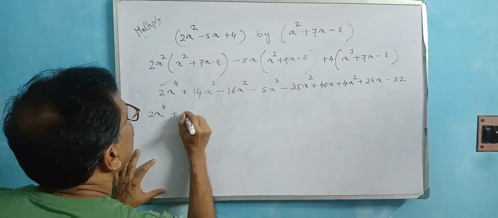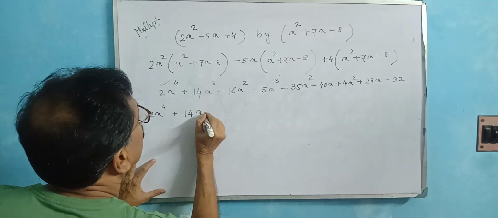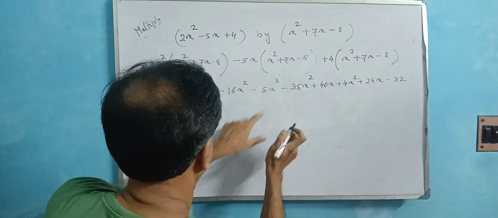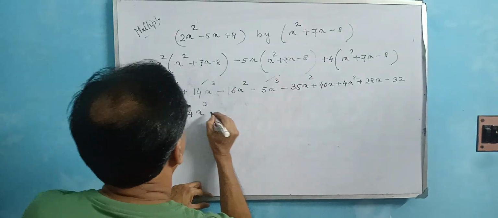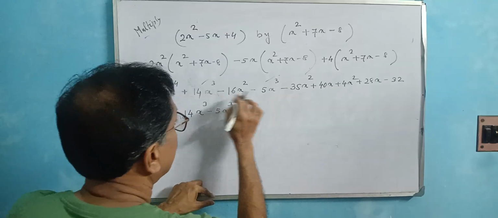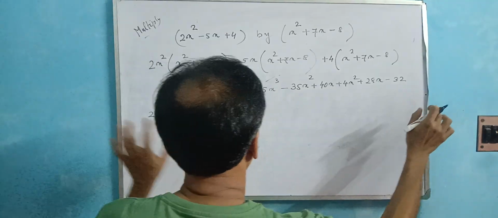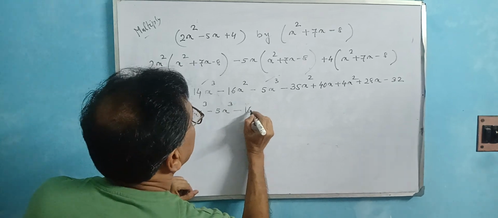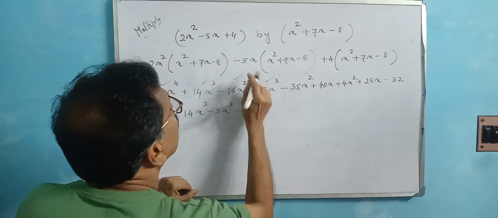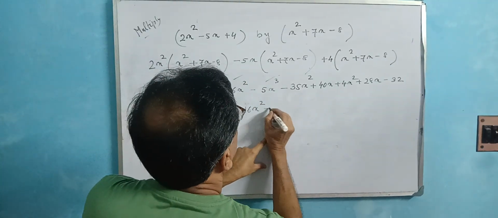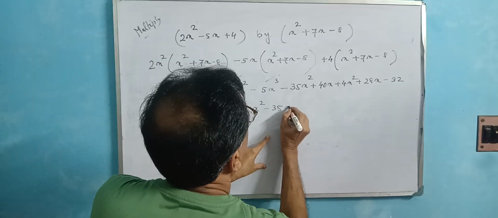Now this is 14 x to the power cube, here is any cube? Yes, this is the cube. So this and this, so 5 x to the power cube, you take x to the power cube, there is no x to the power cube. Okay, now this is minus 16 x square, you take it, x square, here is also x square, minus 35 x square.